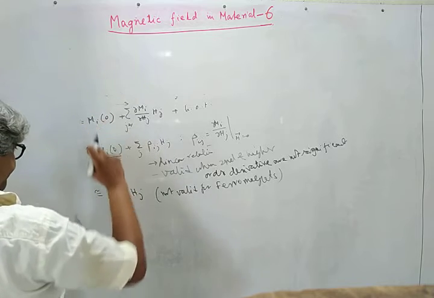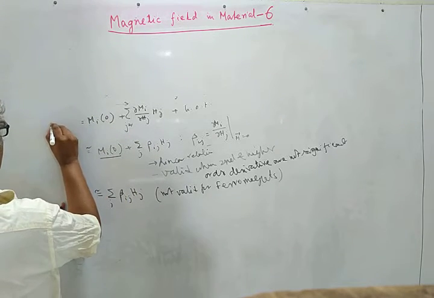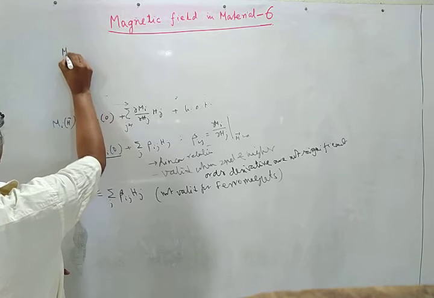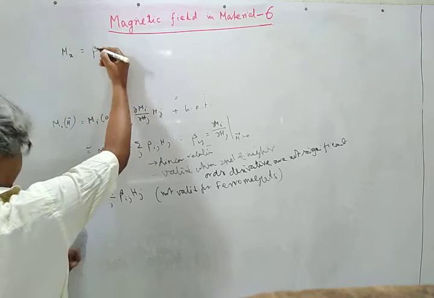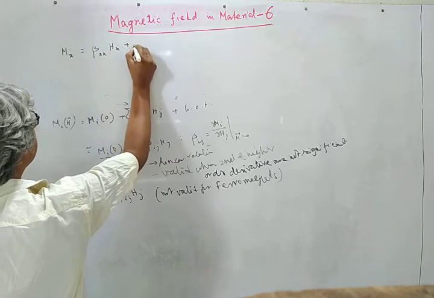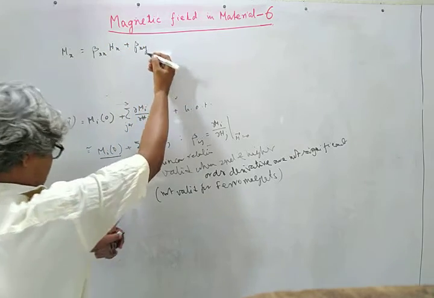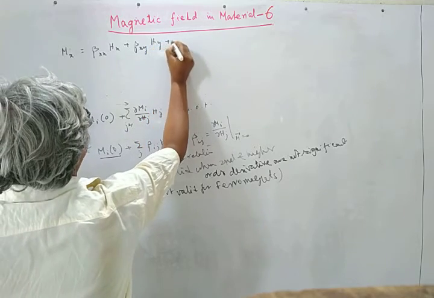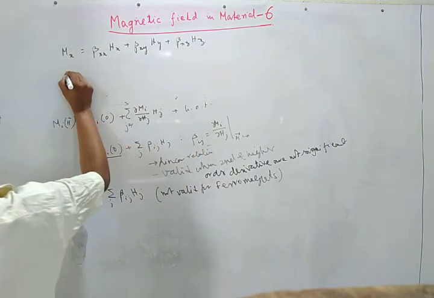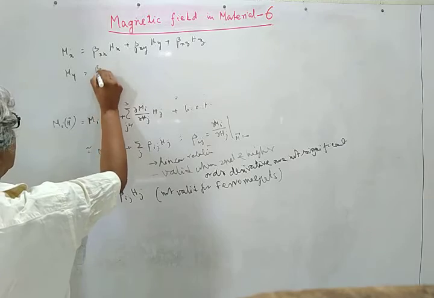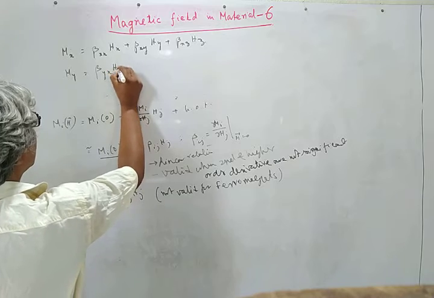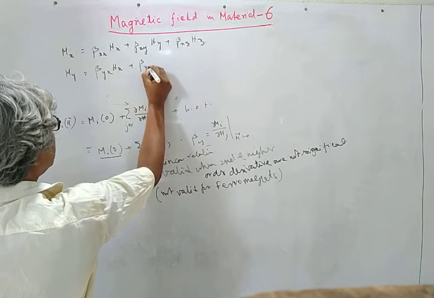On the left-hand side I have M_i with H. So Mx is equal to beta_xx Hx plus beta_xy Hy plus beta_xz Hz. For the y component it will be beta_yx Hx plus beta_yy Hy plus beta_yz Hz.